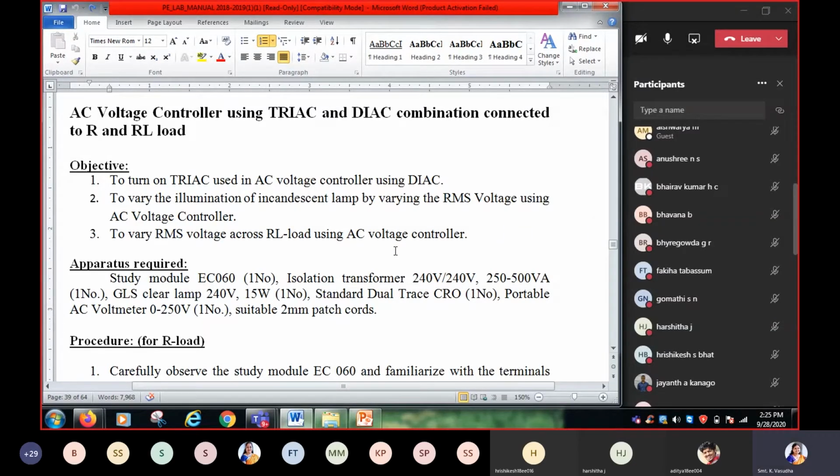If it's a resistor, which instrument do you use to measure voltage? To measure RMS voltage, which instrument do you use? Anushri?